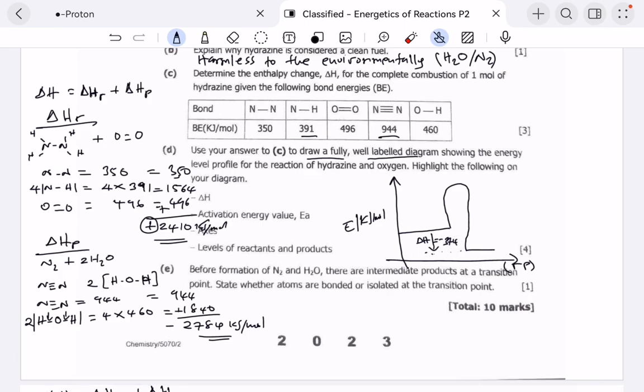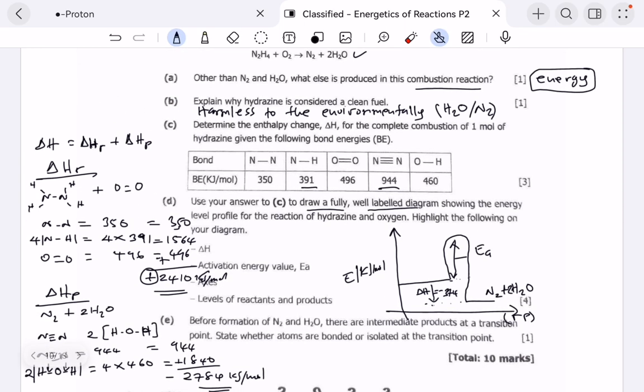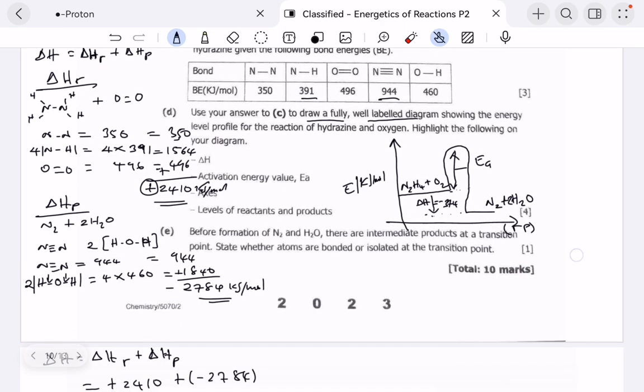Then we need to capture the activation energy, so that is the activation energy. Then in terms of products, we have nitrogen plus water there. In terms of reactants, we have N2H4 plus O2. Something like that, but it has to be neat.